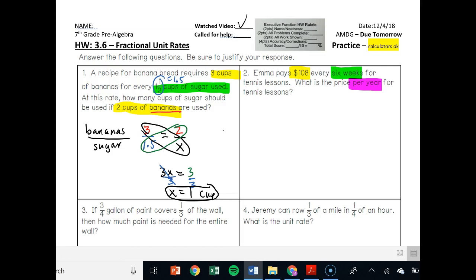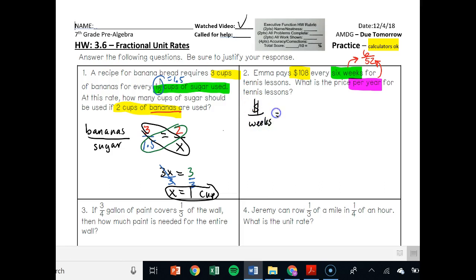So it says $108 every 6 weeks. First of all, how many weeks are in a year? There are 52. So really, this fraction is saying 6 weeks out of 52, right? 6 weeks out of the 52 total possible in a year, right? So our fractional rate is really saying, okay, we're comparing money over weeks.